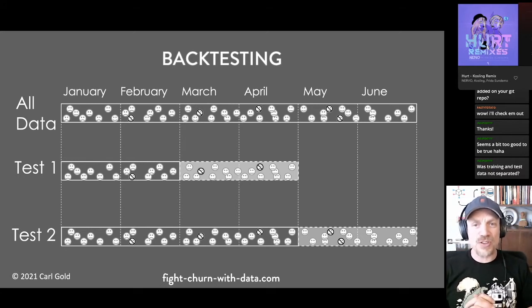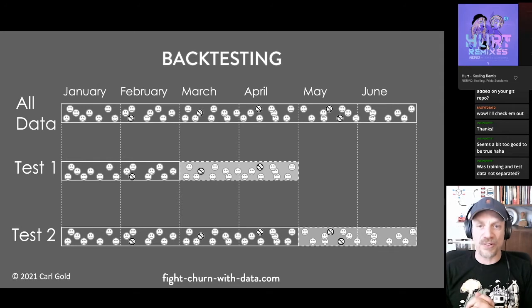And the solution to this is to test the model and measure accuracy on data that wasn't used to train the model. Now, most people know that as cross-validation. And actually, I'm going to talk today about backtesting. And backtesting is a type of cross-validation that respects time, that it's sensitive to time.